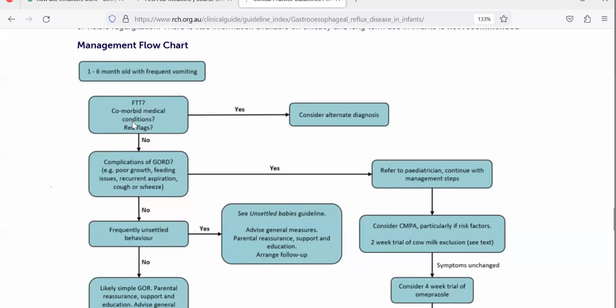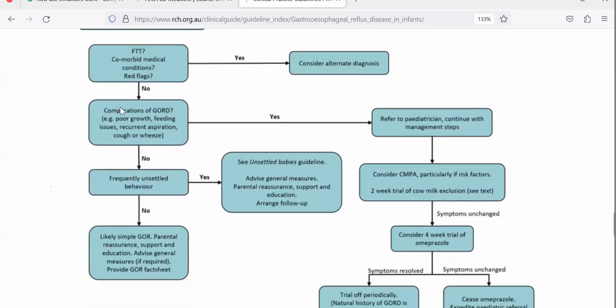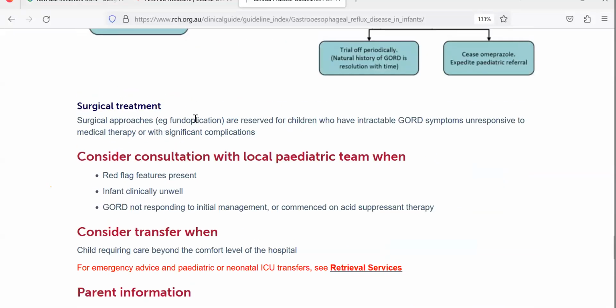And there is a flow chart also, a step-by-step approach for when we start referring, so especially if there is a complication of reflux disease, then yes, you have to refer the child to a pediatrician.